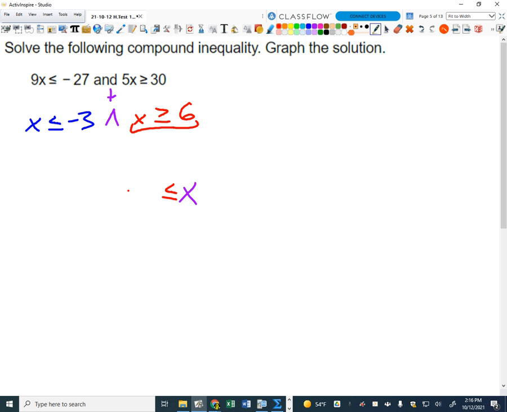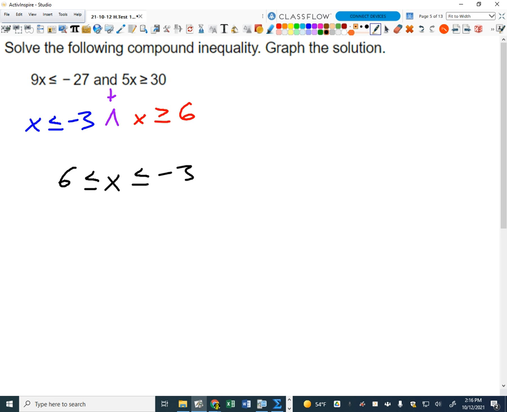So, does that even make sense? Let's look at graphs of these, right? If I try to write this directly, I'm going to get something really weird. I'm going to get the x in the middle. It's going to be greater than or equal to 6 and less than or equal to -3. Does that look weird? What immediately strikes you as being wrong about that?